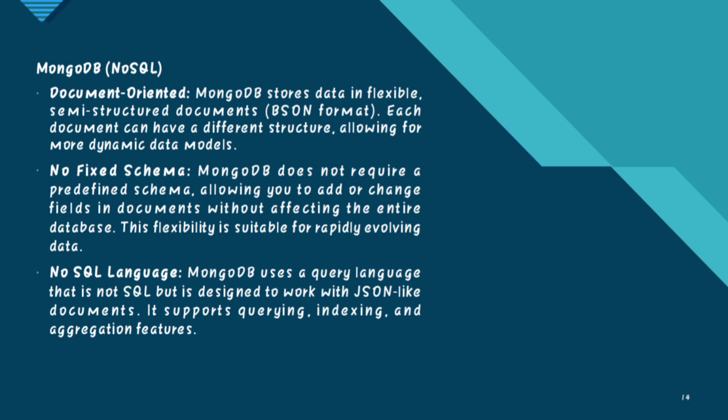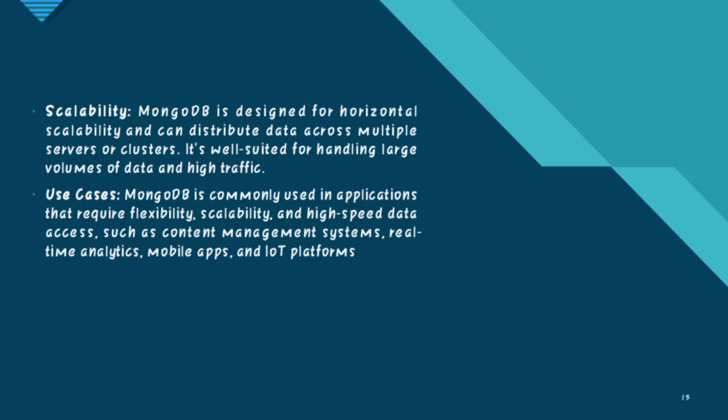No SQL language. MongoDB uses a query language that is not SQL, but it is designed to work with JSON-like documents. It supports querying, indexing, and aggregation features. Scalability. MongoDB is designed for horizontal scalability and can distribute data across multiple servers or clusters.